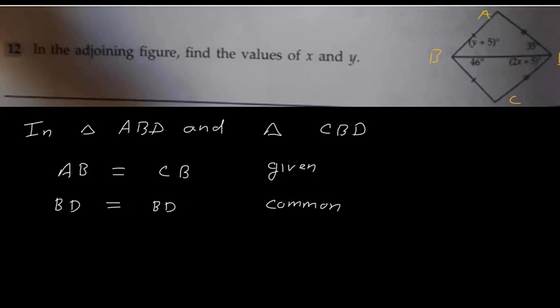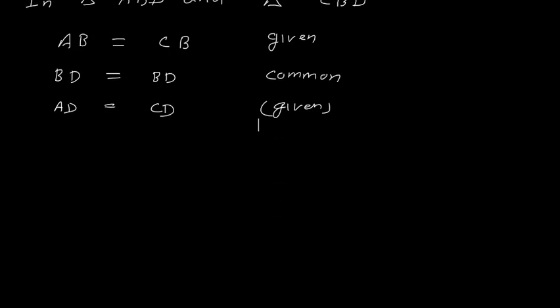And third, you have AD is equal to CD. This is again given. So you will say that triangle ABD is congruent to triangle CBD.